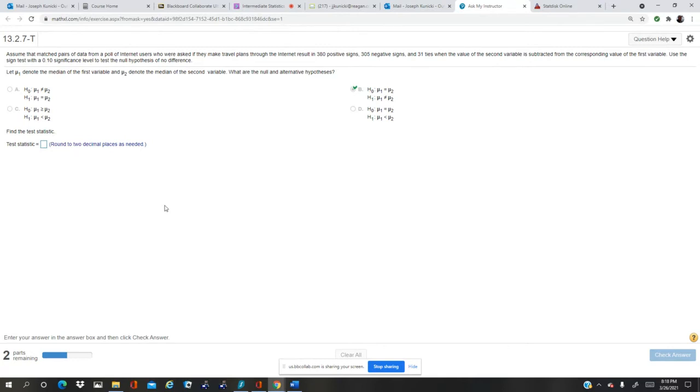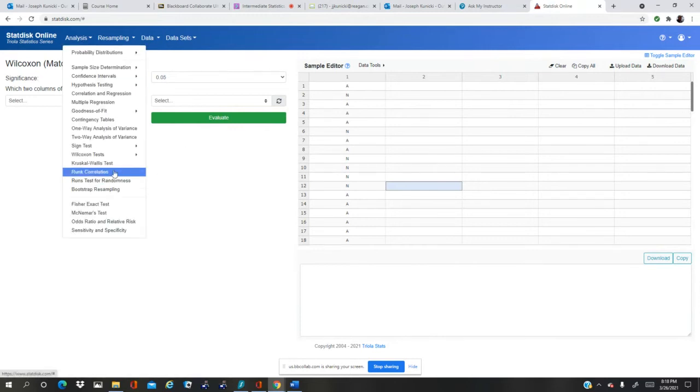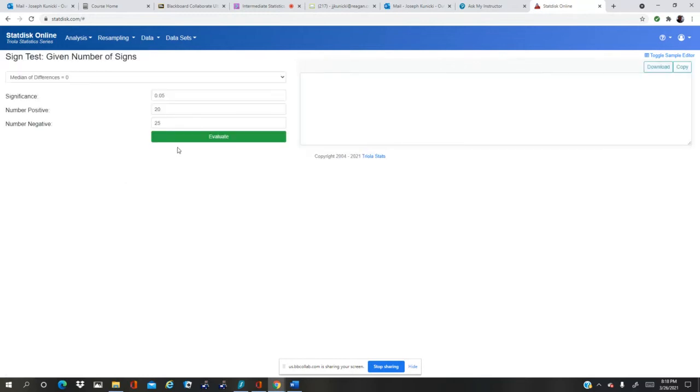Now, for the test statistic, this is a large sample, so I would recommend using StatDisk. You can open StatDisk by going to StatDisk 13 online, and you can download it. So we want to use sign test, given the number of signs.